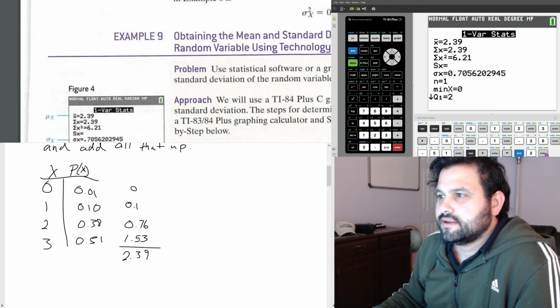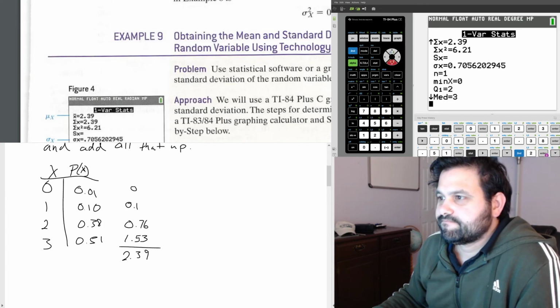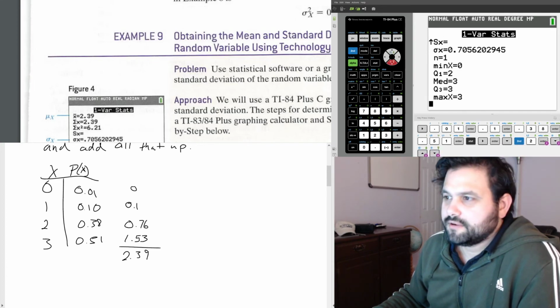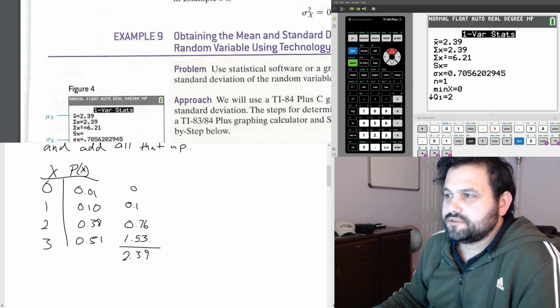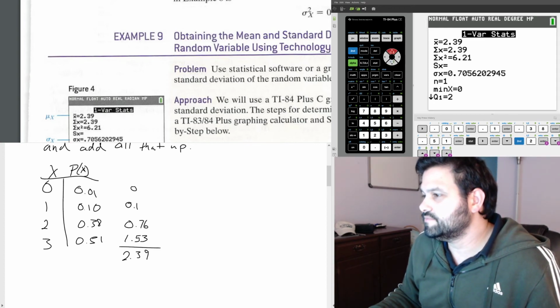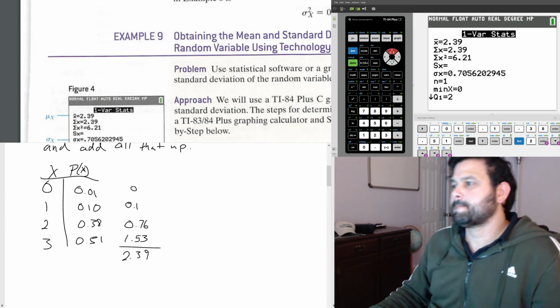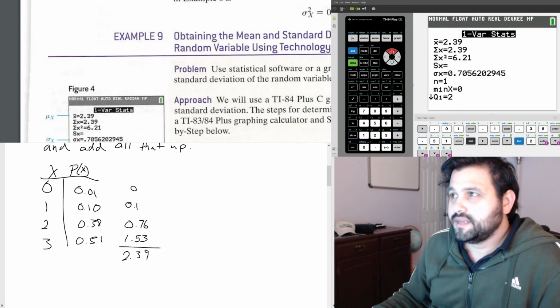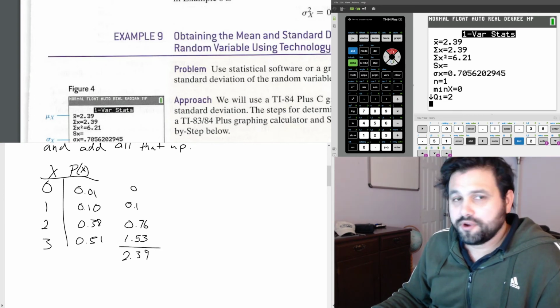Okay, that's how we can do that using the calculator. Pretty nice, pretty easy, good stuff, okay? So really at this point, that's going to be it for 6.1.